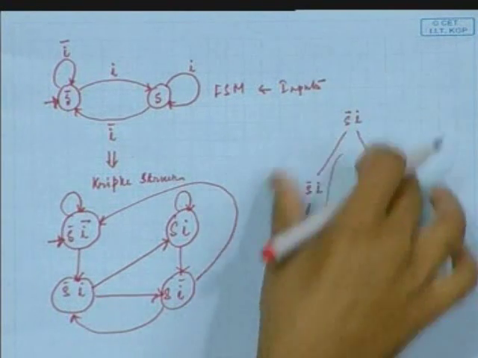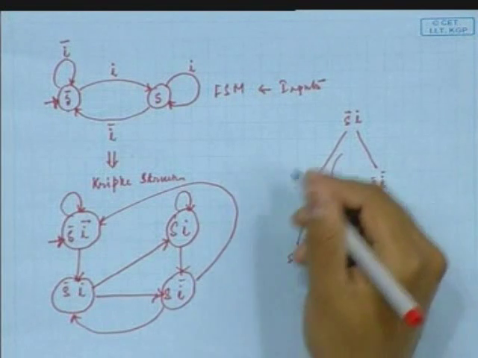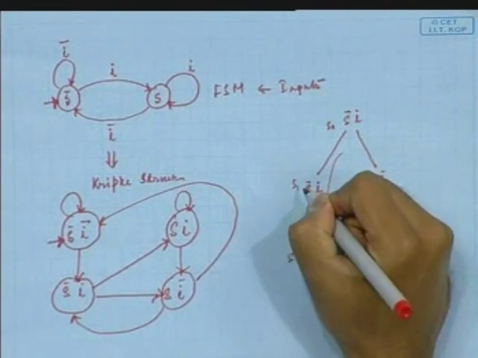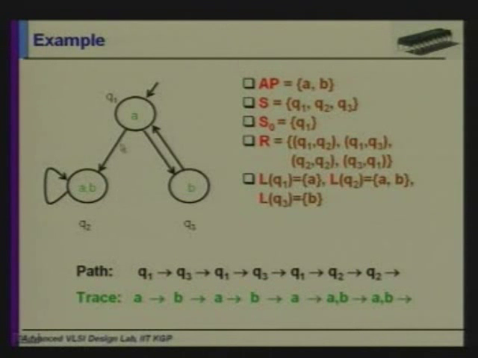If we allow the system to run, these are the paths through which it can traverse. So this is basically S0, S1, S2, and it goes on. Now this is an example of a Kripke structure.